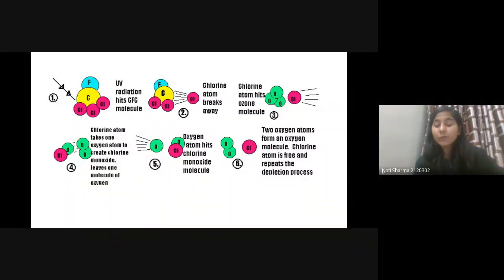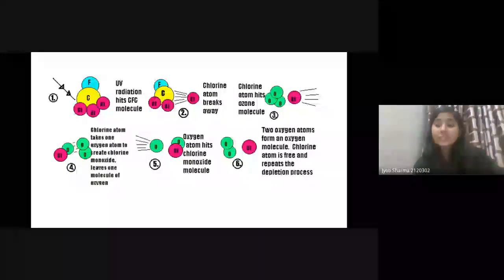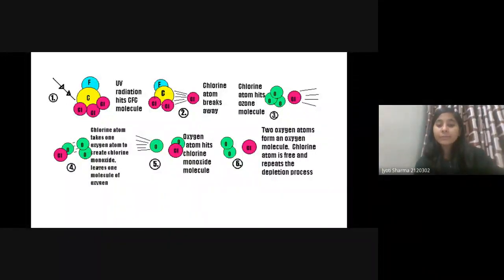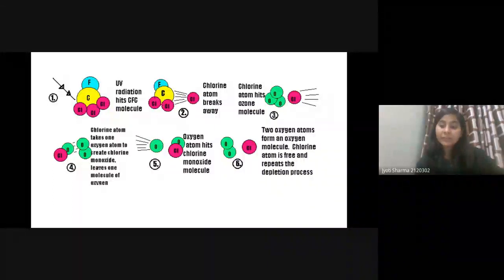And because we now have the free chlorine, thousands of times, lakhs of times, this chlorine can break down thousands of ozone molecules. So you can see how just one chlorine can break down our ozone and lead to ozone depletion. So this is the mechanism.